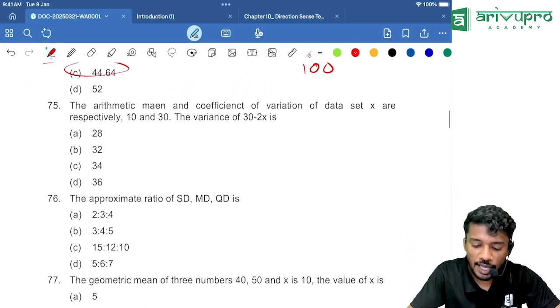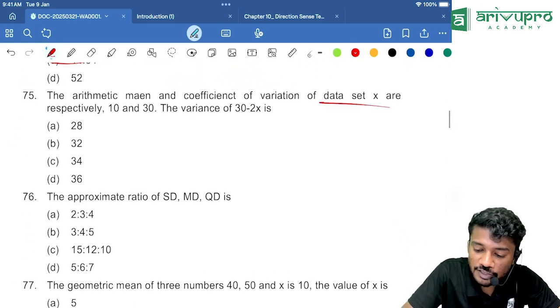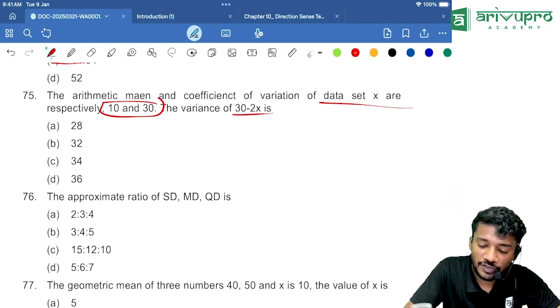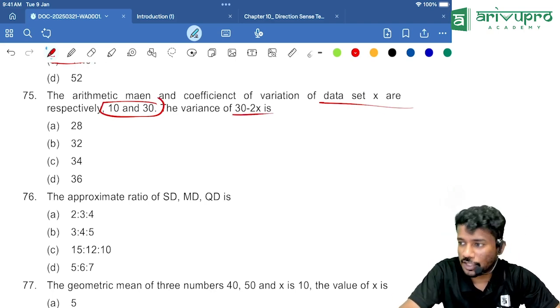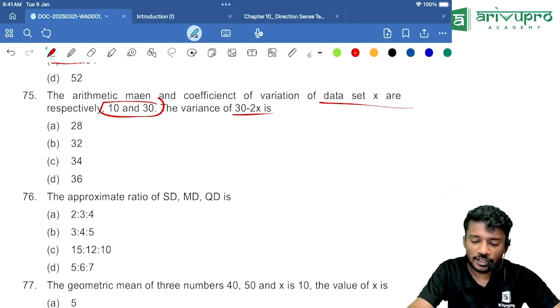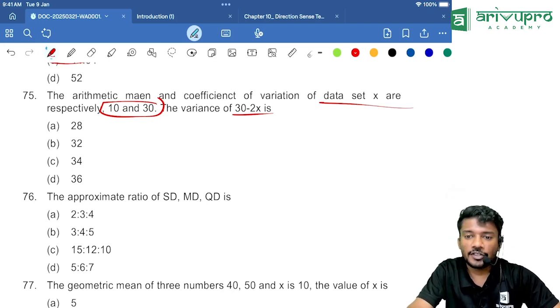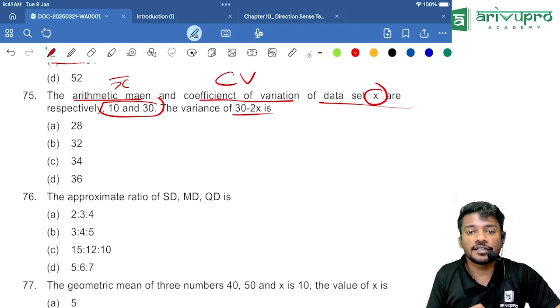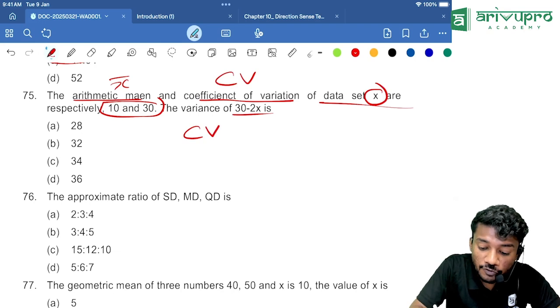Next question. Arithmetic mean and coefficient of variation of data x are respectively 30 and 10. Variance of y is how much is the question. How will you find? They have given arithmetic mean x bar and coefficient of variation of x. What is the formula for coefficient of variation?